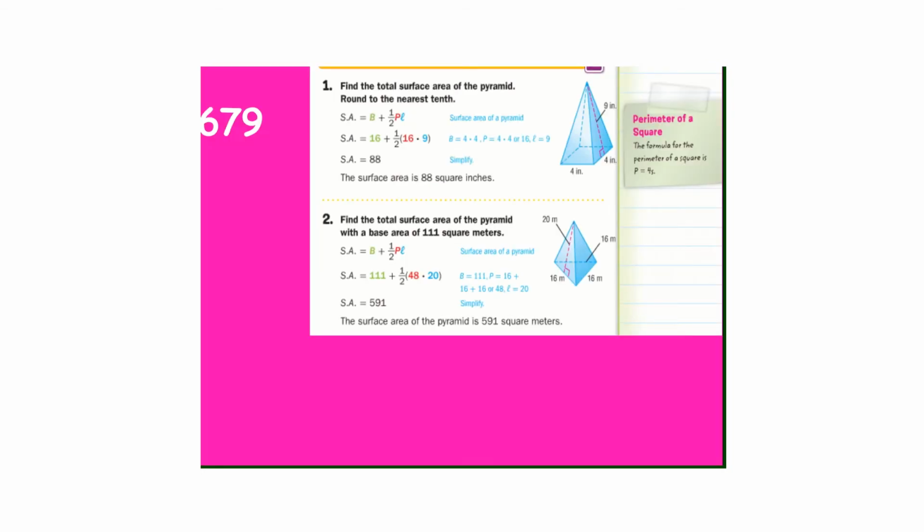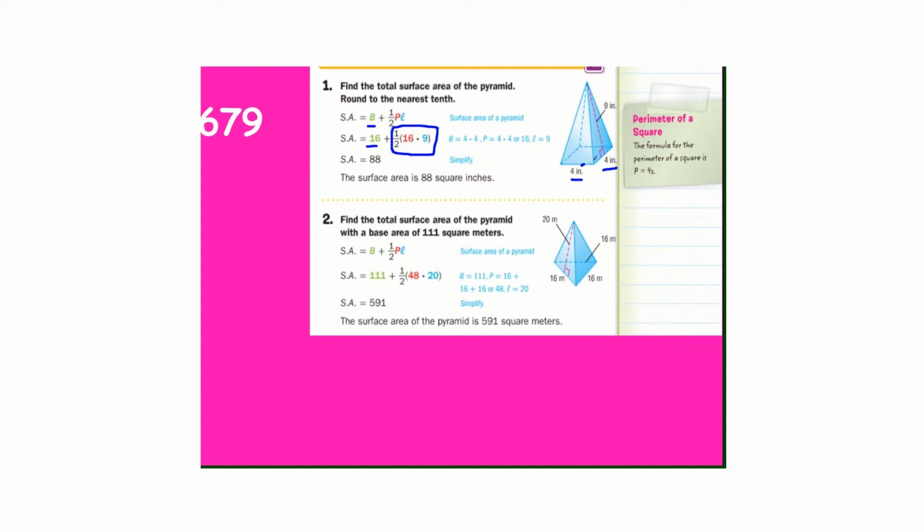So number 1, find the total surface area of this pyramid. So the area of the base, 4 times 4, 16. Okay, so that's the area that it's sitting on. Now we're going to add half, because it's a triangle, half of the perimeter times 9.